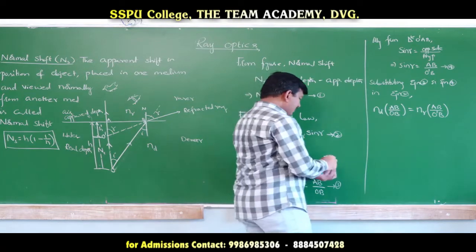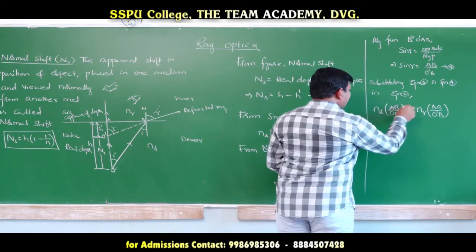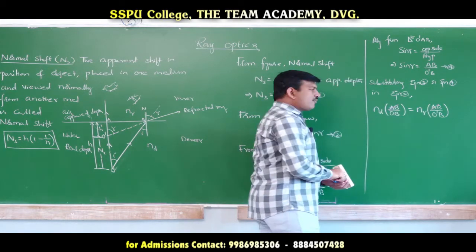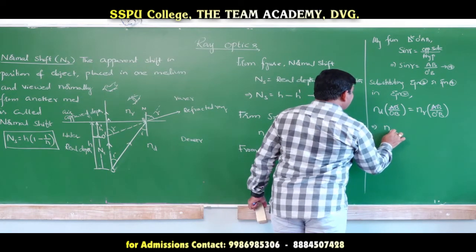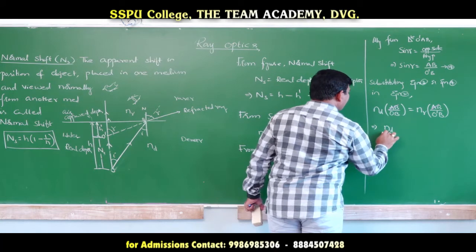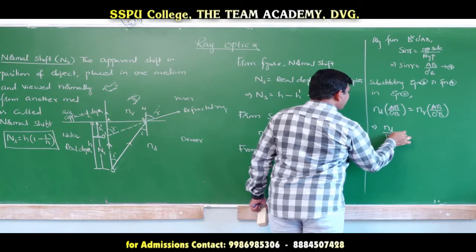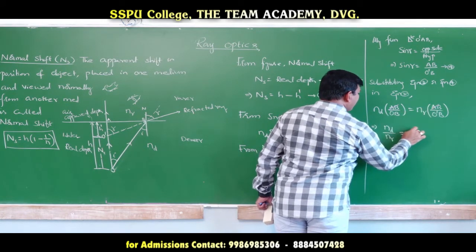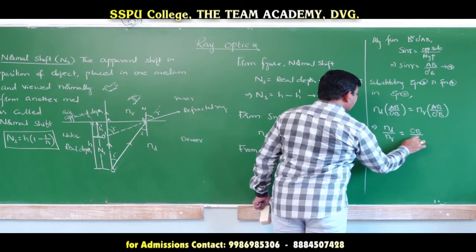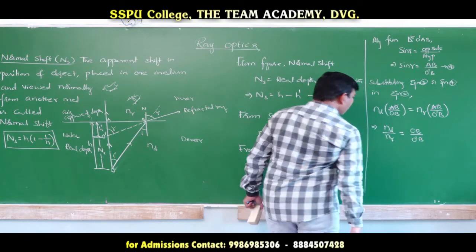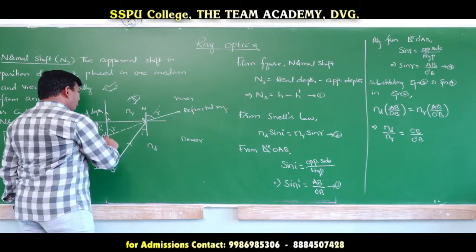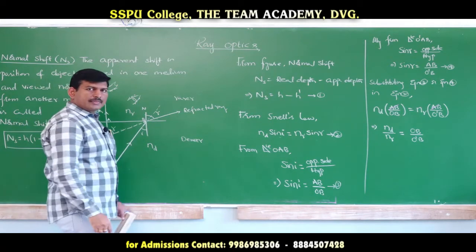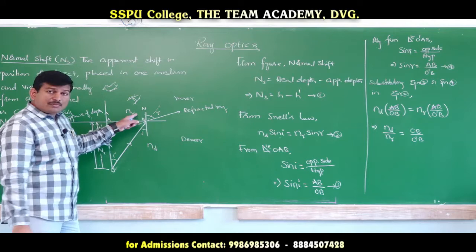So here this AB and this AB will cancel. What remains? From this I can say that, bringing this to this side, nd by nr is equal to OB divided by O dash B. But here this is normal incidence or not?